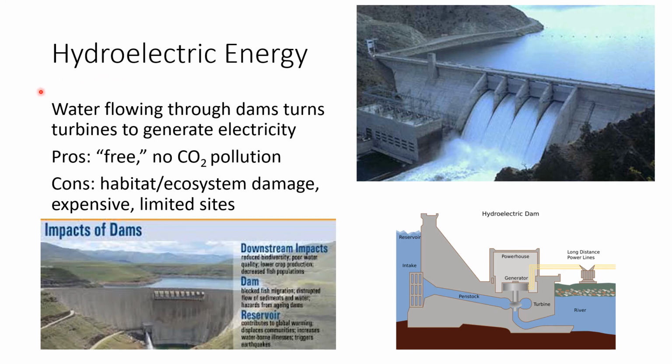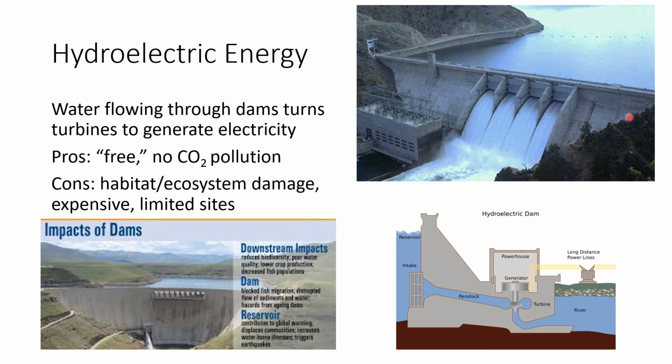So next renewable resource is hydroelectric energy. So this is when you build a dam and then water flowing through the dam spins turbines as it flows through to generate the electricity. Some pros of this are that it's free, meaning that no single company entity owns the water that's flowing through the dam. There's no carbon dioxide pollution associated with this at all. Some cons of hydroelectric dams are that there can be pretty significant habitat or ecosystem damage.